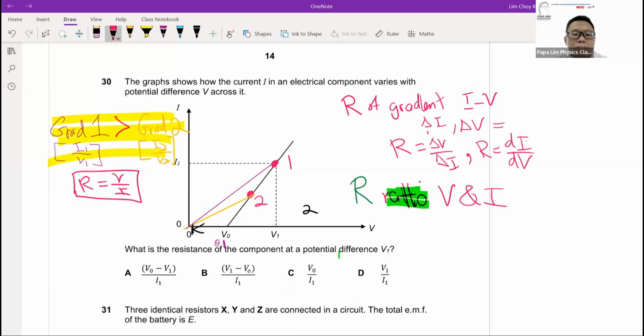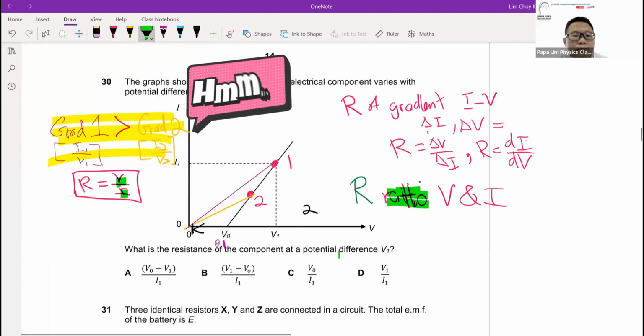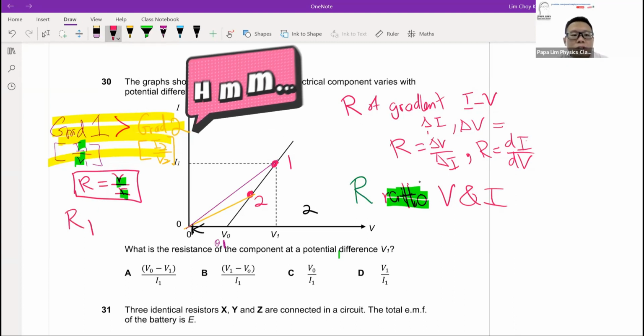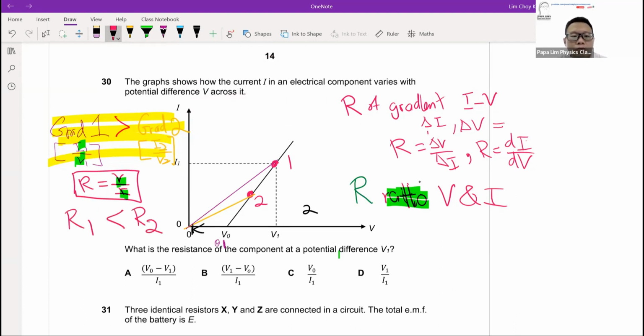The steeper the gradient, the inverse of this gradient will actually be the resistance, because resistance is V over I and now I have I over V. So it's the reverse, which means that the resistance at point 1 is smaller than the resistance at point 2.